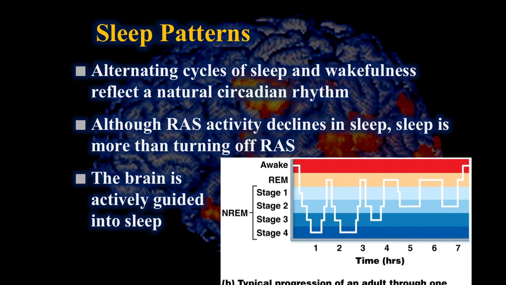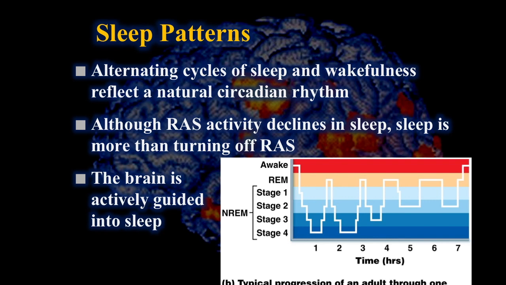Although RAS activity declines in sleep, sleep is more than turning off RAS. Okay, so that statement requires us to remember what RAS is. What is RAS? Does anybody know what it stands for? Reticular activating system. Okay, and what's the function of RAS? Normally, doesn't it sort stuff out?